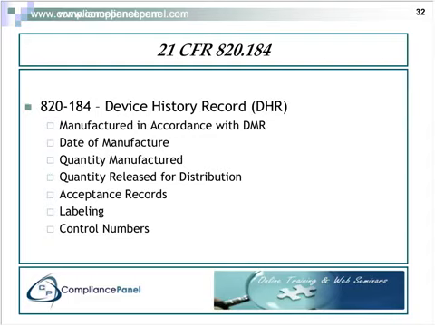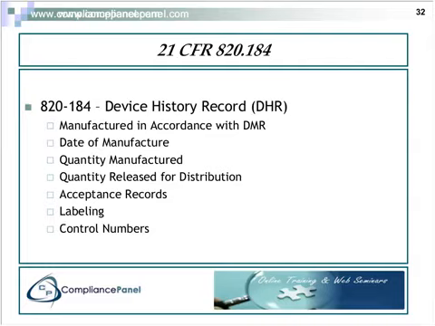But it's all up to you what level you need to go to, because if you ever have to do a recall, you need to be able to put your arms around that group of devices that need to be recalled, or you'll end up recalling everything that you shipped within a certain time period if you don't know where you used specific components. So it's up to you to determine the level of detail you'll have in your device history record.